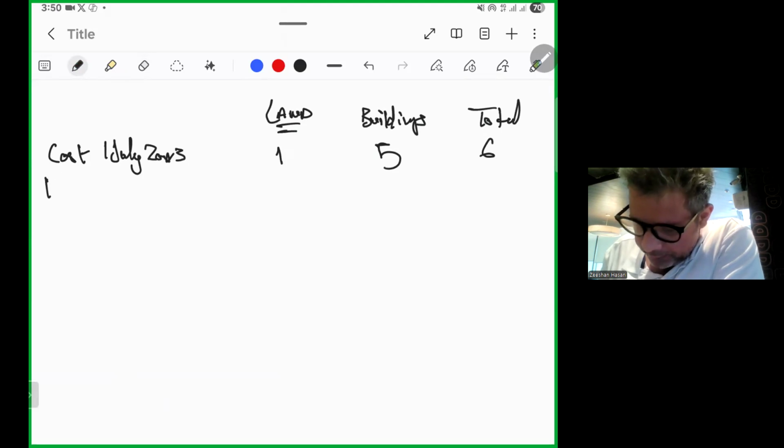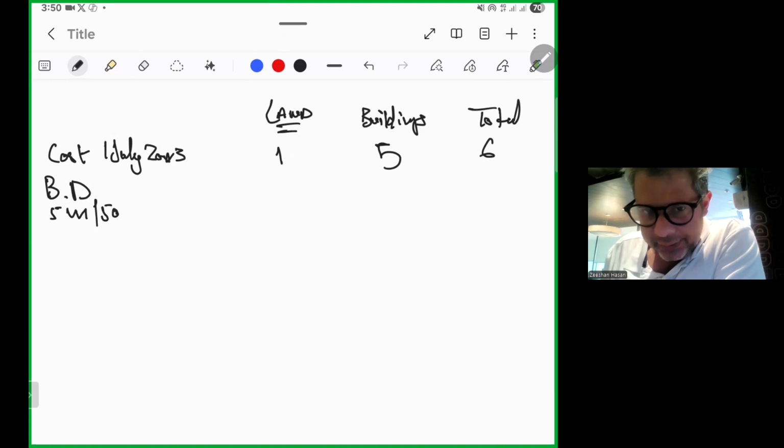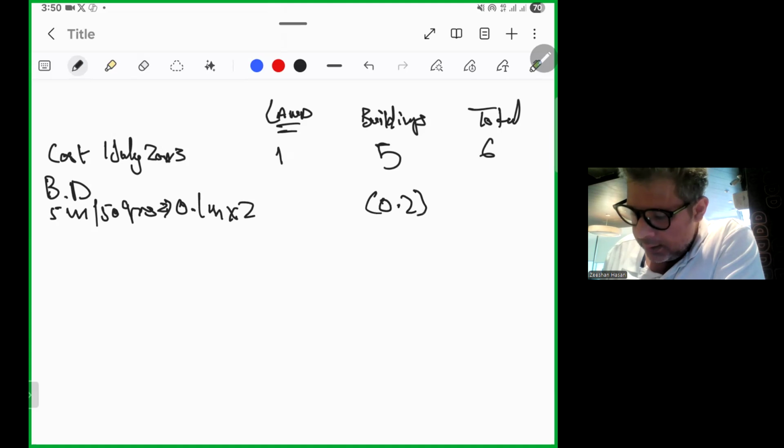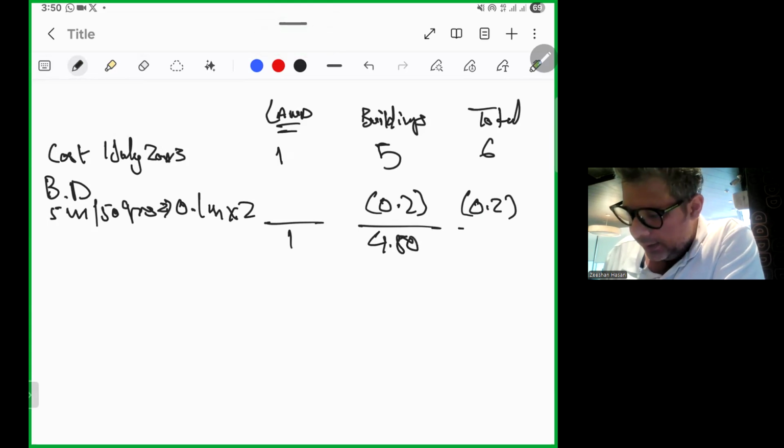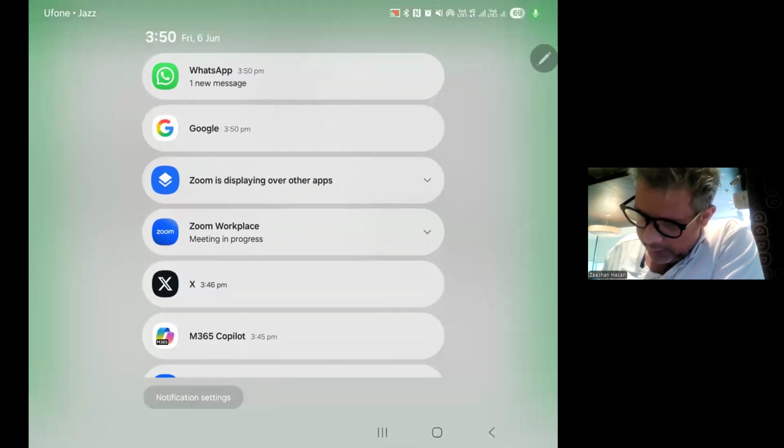Building depreciation: 5 million divided by 50 years is 0.1 million. Into 2 years we get building 0.2, total is 0.2. So the balance is land 1, building 4.80, and total 5.80. Just a second.